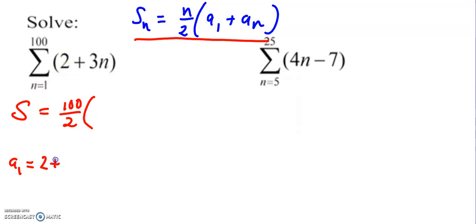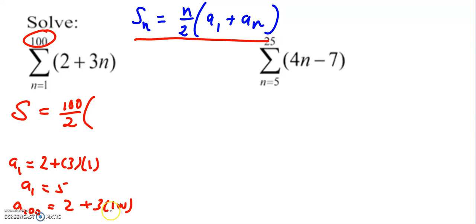So I'm going to find a sub 1. And to find that, you plug 1 into your function. So it's 2 plus 3 times 1. So a sub 1 is 5. And a sub n represents the last term you're finding, which is 100. So a sub 100 is 2 plus 3 times 100, which is 300 plus 2, or 302.